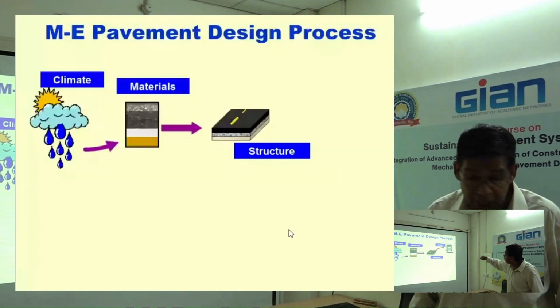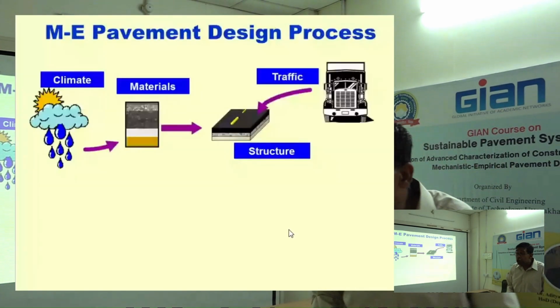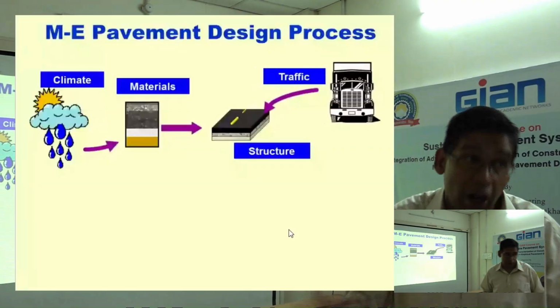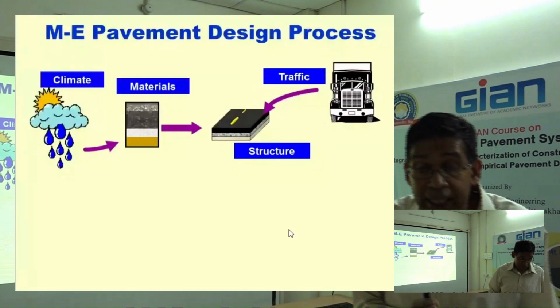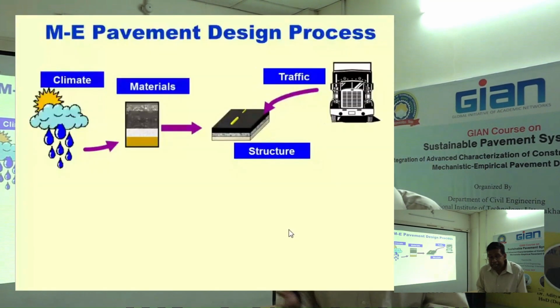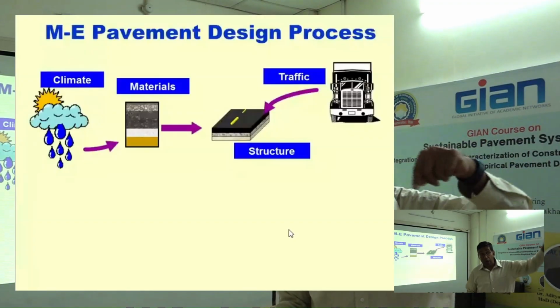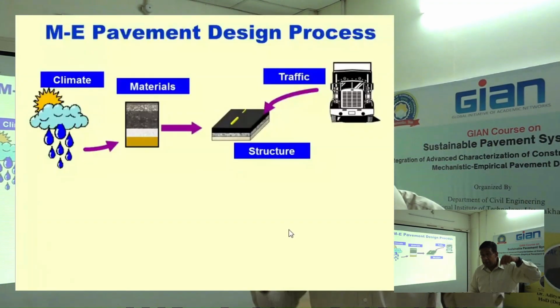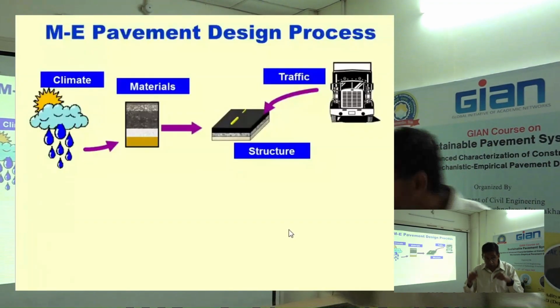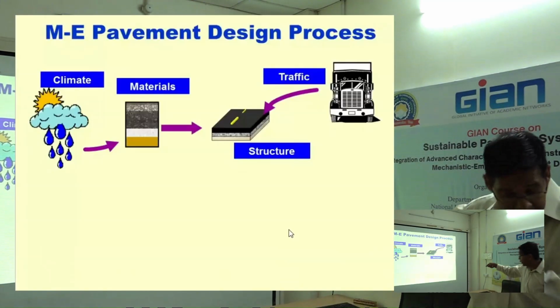Then you input the traffic. Okay, you have completely moved away from ESALs. ESALs is gone. You are looking at axle load distribution through the entire spectrum. And so remember, if you have weigh-in-motion data, that means if roadways have truck weights, that data can go in there.